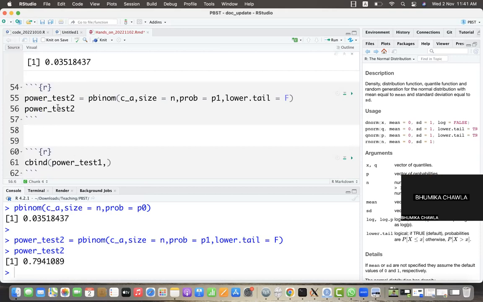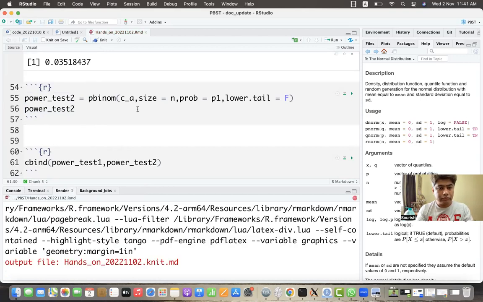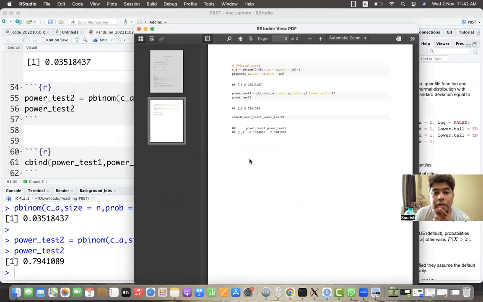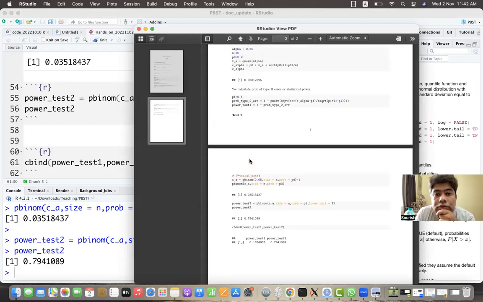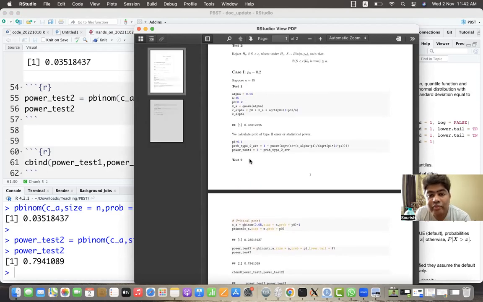So that is type 2. Yeah, so it is showing significantly high. Yeah, it might be possible. I'm not saying it is not possible.